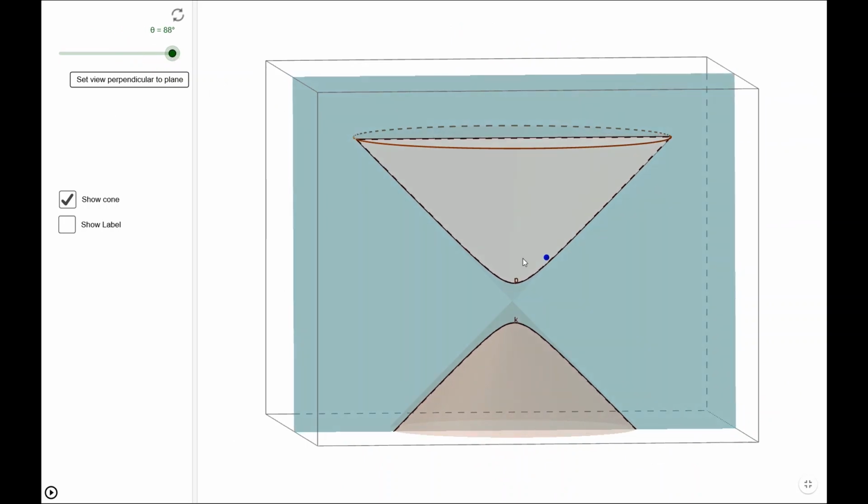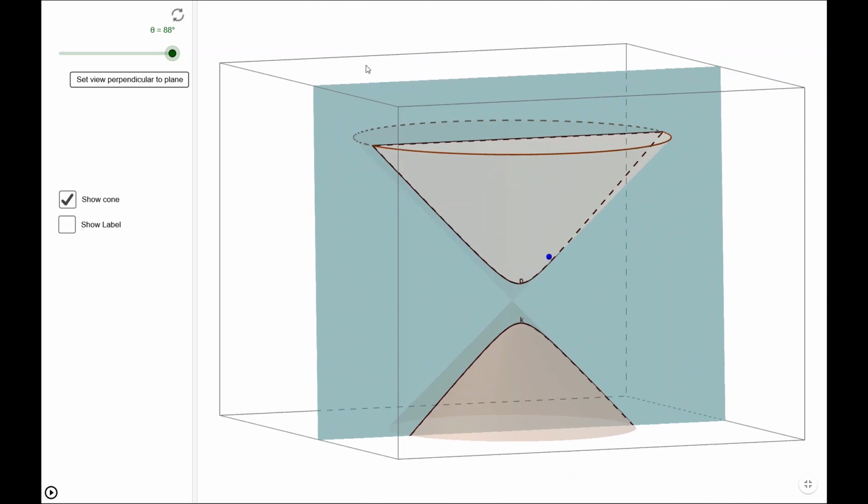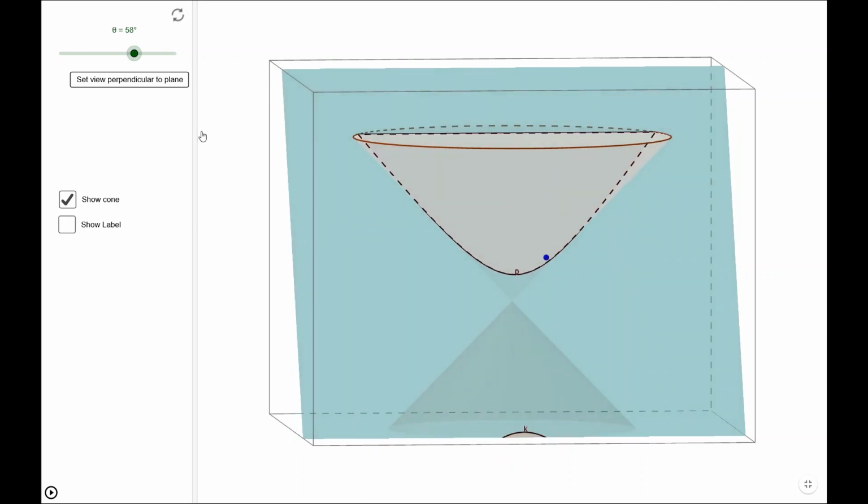So this is now a hyperbola. A hyperbola is two curves at once, not only one curve. They look like two parabolae, one on top and the other on the bottom, or to the left and to the right.